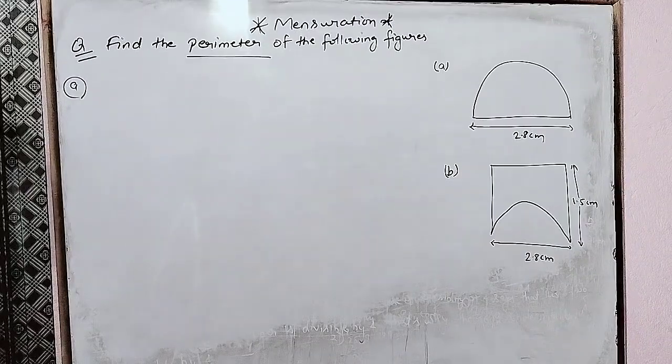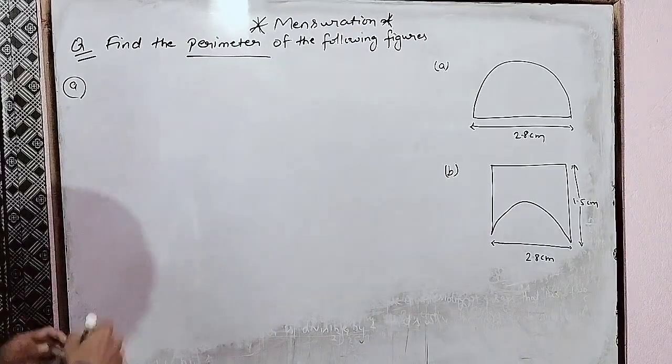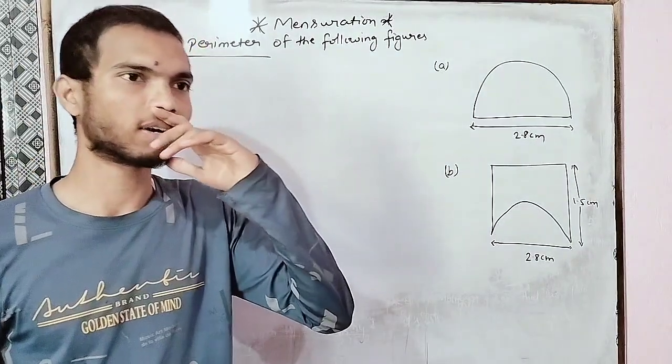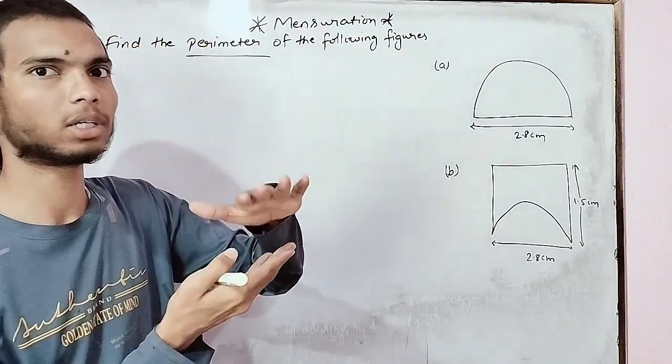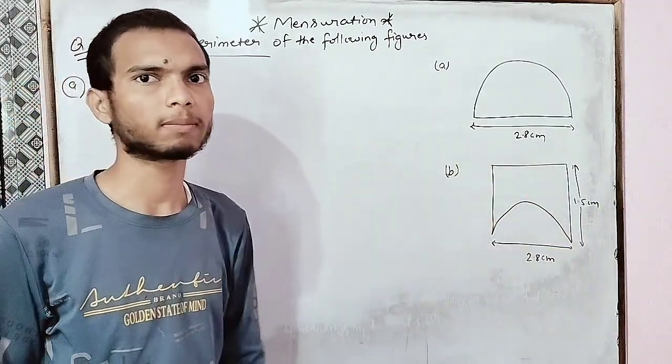But it depends on what we want to apply. So here we have a semicircle, so we will divide 2 pi r by 2, because we have a half circle. That's why we are dividing our formula of the circle.